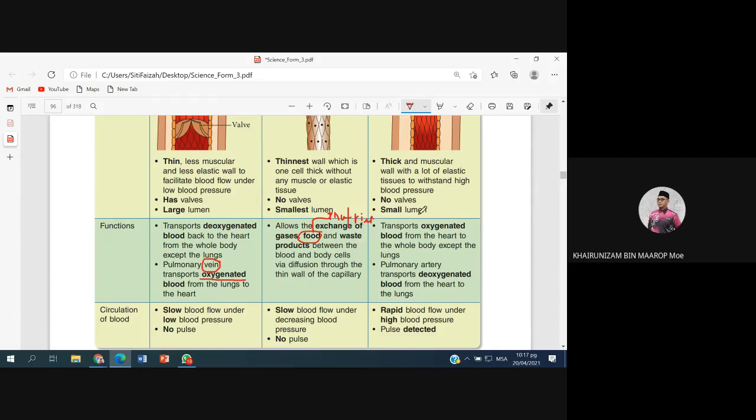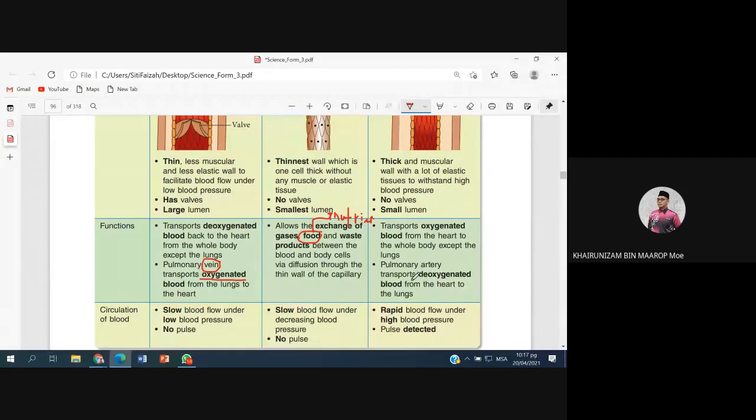And then the artery transports oxygenated blood from the heart to the whole body except the lungs. And then the pulmonary artery transports deoxygenated blood from the heart to the lungs.